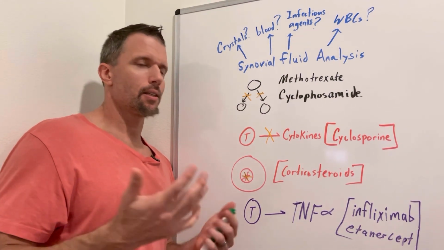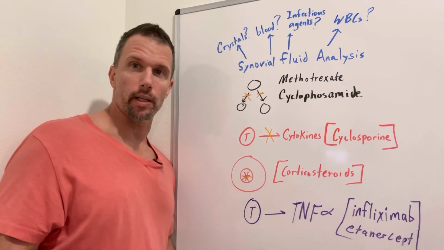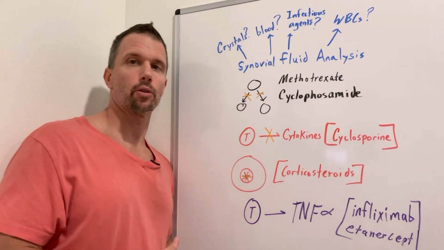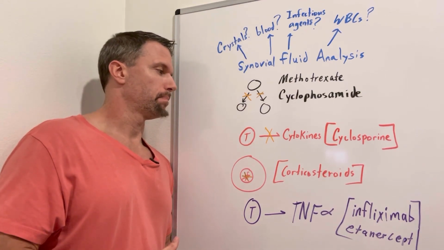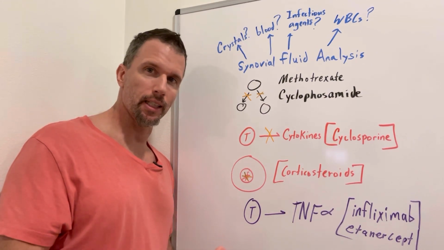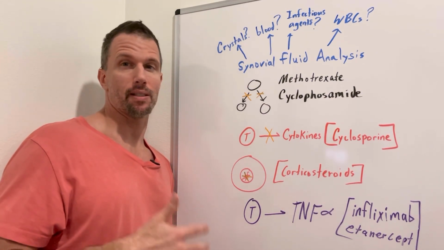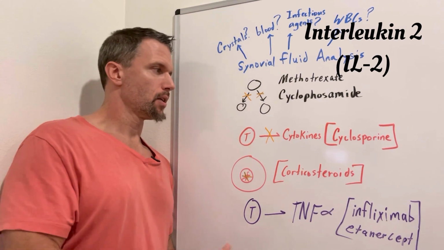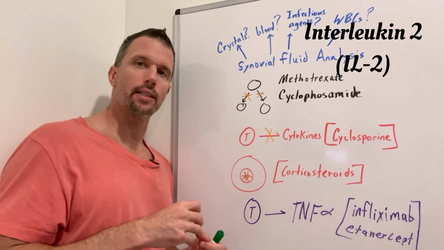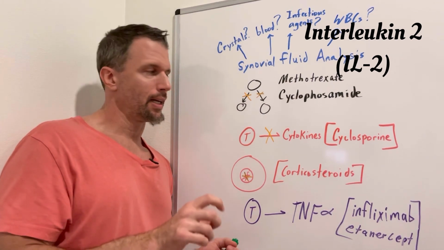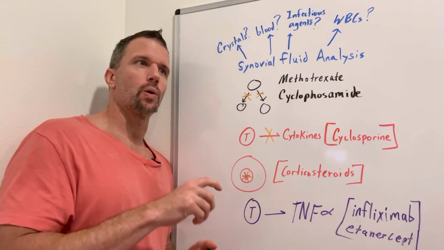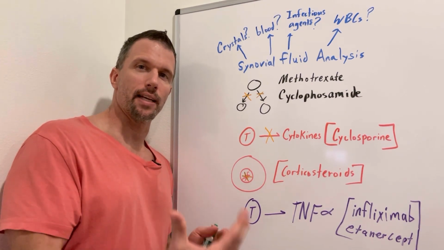What about cytokines? Cytokines are inflammatory, and you have different cytokines, different interleukins and tumor necrosis factor. What cyclosporin does is it prevents the secretion of cytokines, specifically interleukin 2. This drug will go all the way to the DNA level and decrease expression of interleukin 2. Interleukin 2's main job is to increase proliferation of T helper cells.